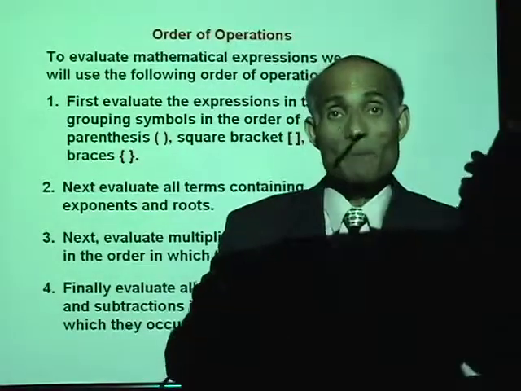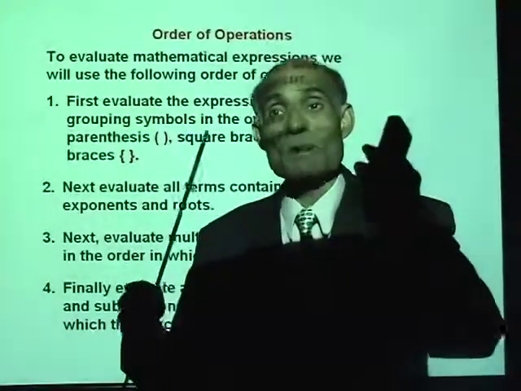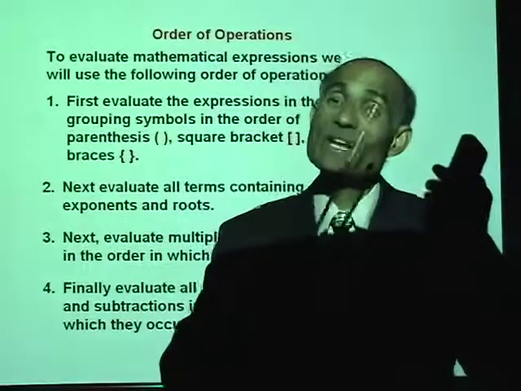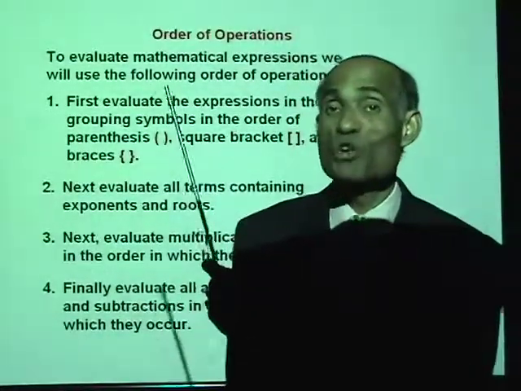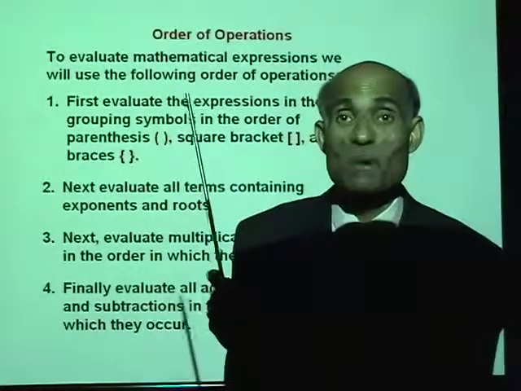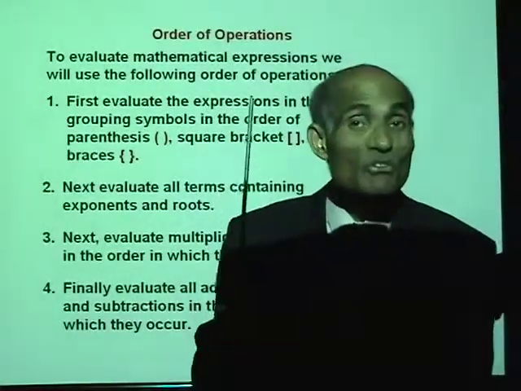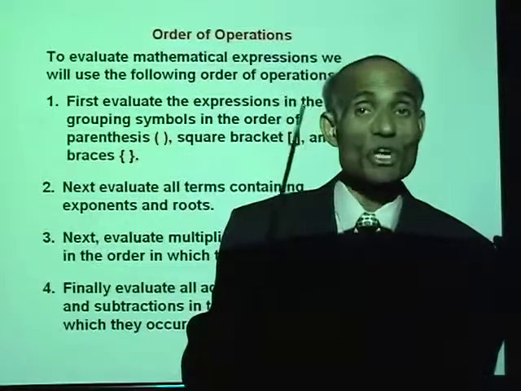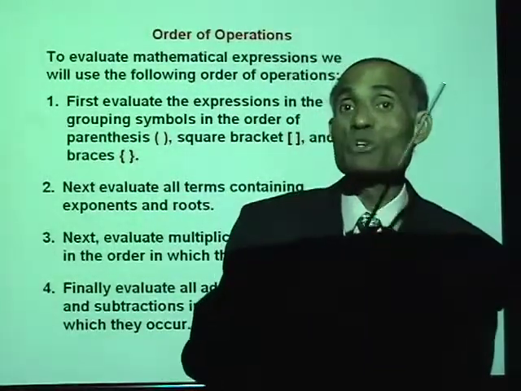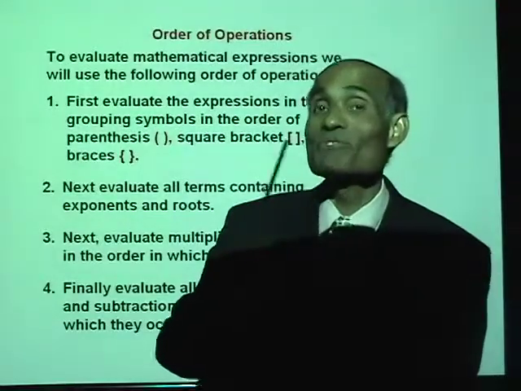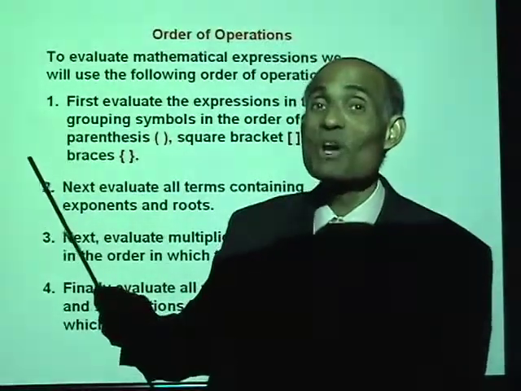When you have division and multiplication, there is no rule that you must do multiplication first. Some students think you must. No. Division and multiplication, you simply do them from left to right.